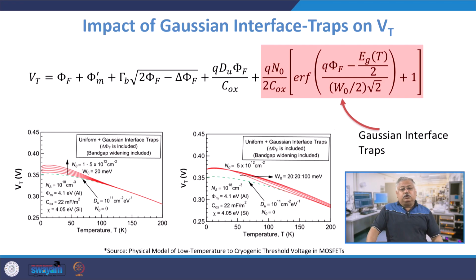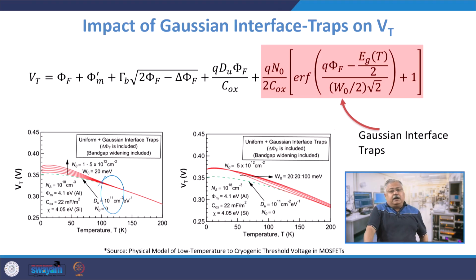Similarly, if you look at W0, it is 20 millivolts here, and this is for various values of W0 of 20 and 100 millivolts. Now, if you look very carefully, at relatively higher temperature, all of these graphs become independent of the value of N0, right.